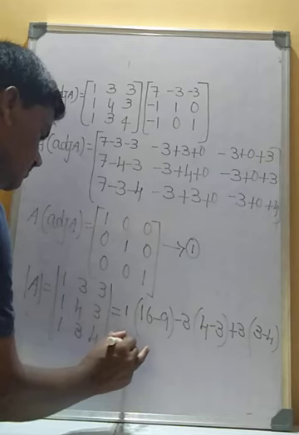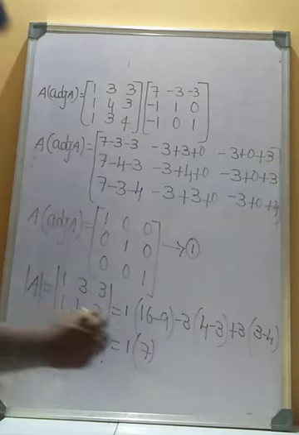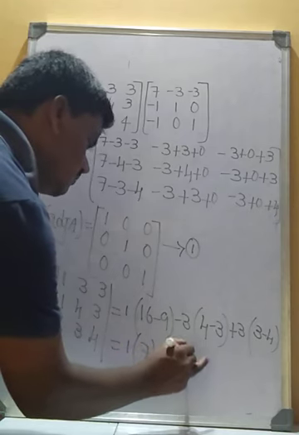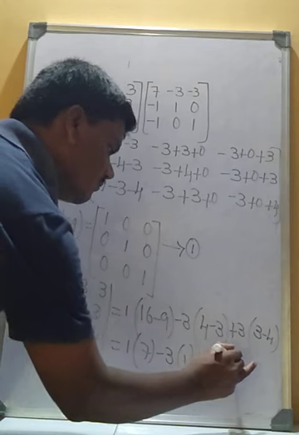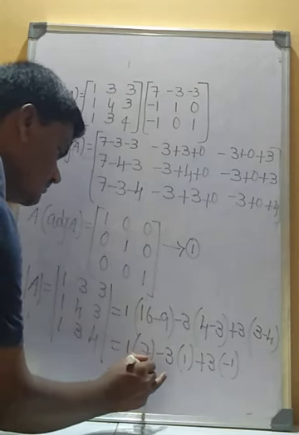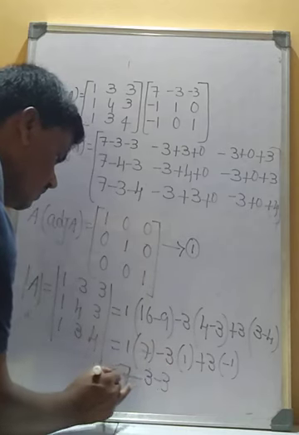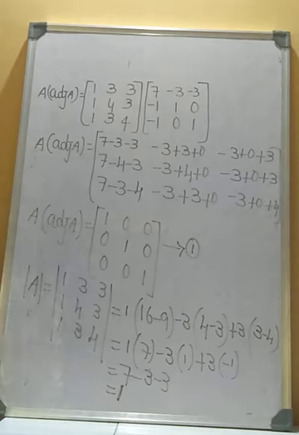It is equal to 1 into 7 minus 3 into 1 plus 3 into minus 1, which is 7 minus 3 minus 3, equal to 1. Determinant of A equals 1.